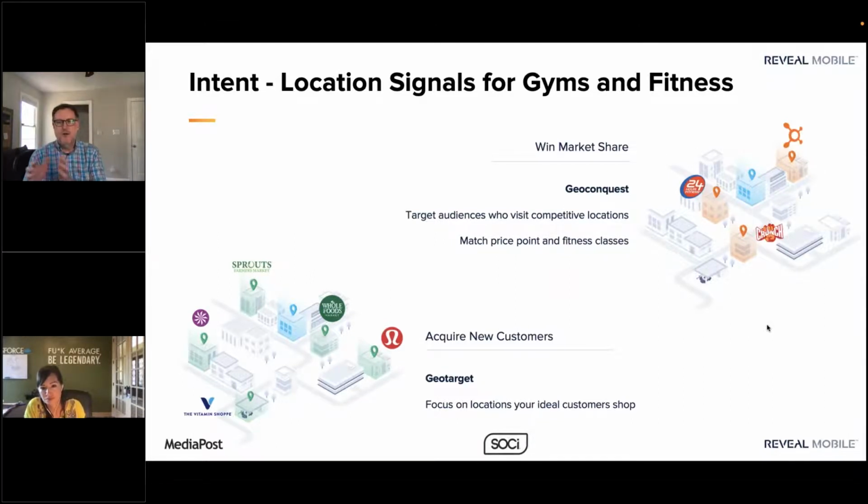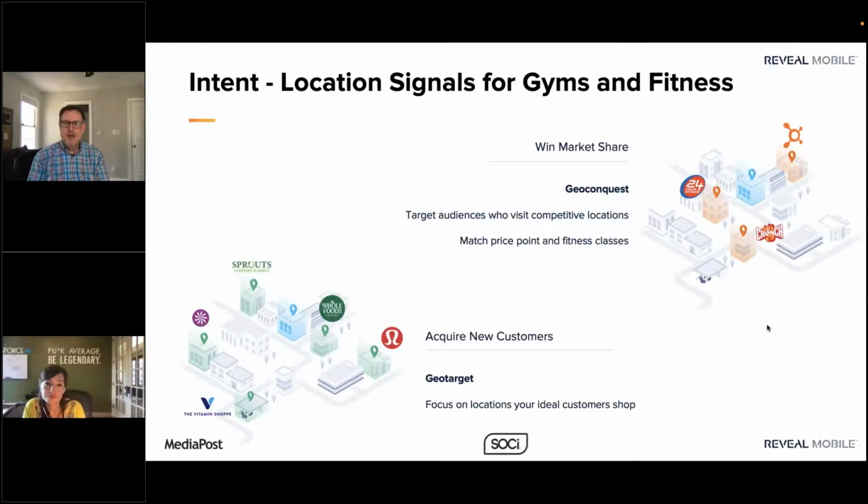So this isn't just going to Orange Theory to try Orange Theory once, or 24-Hour to try 24-Hour once. This is knowing that Planet Fitness shops at Lululemon and Athleta, or gets their groceries at Sprouts and Whole Foods, and never goes to Aldi, or never goes to Kroger, or whatever the case might be. Oh, and by the way, they buy all their supplements at the Vitamin Shop.